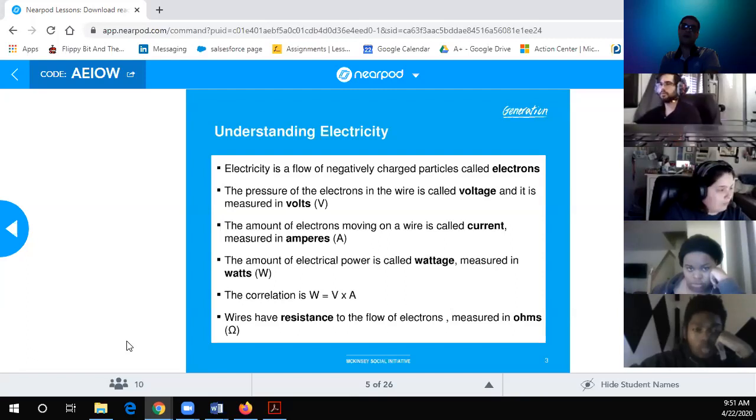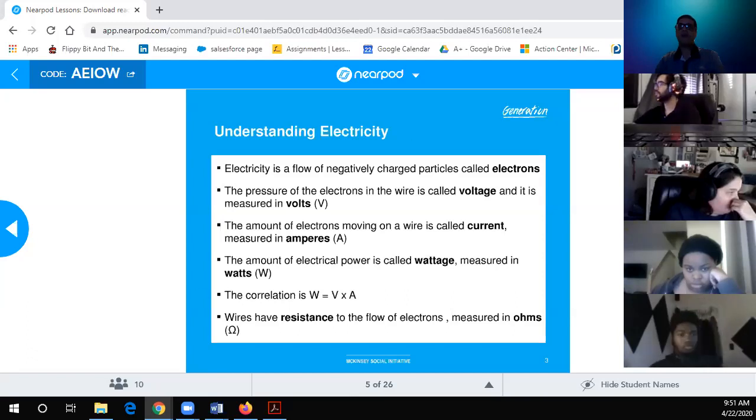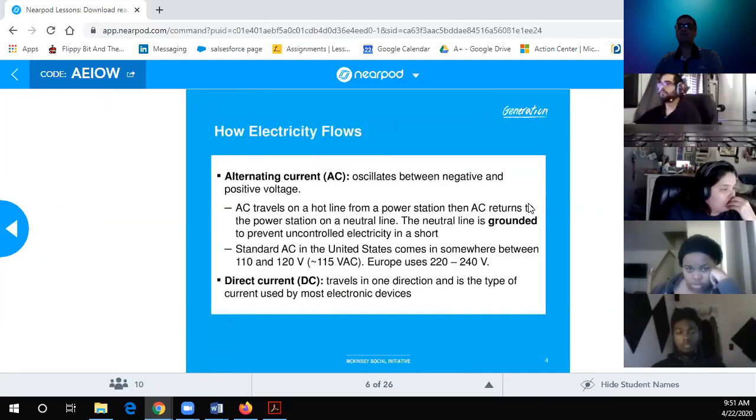Questions so far or doubts on the electrons, your voltage, your current, your wattage, or your ohms? Do we understand it? Okay.